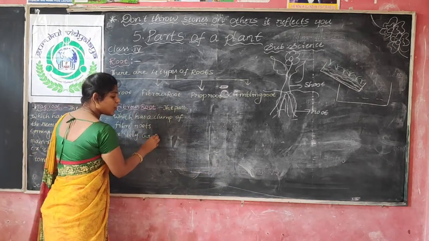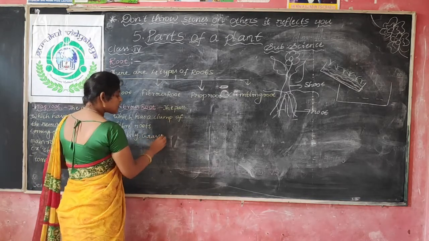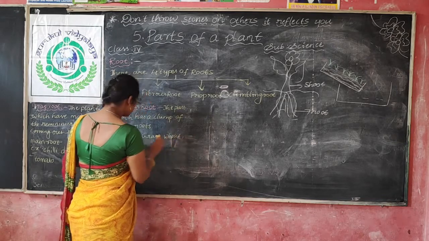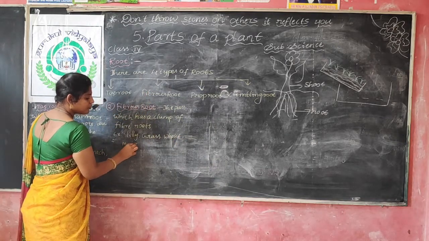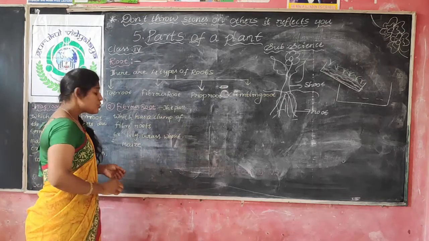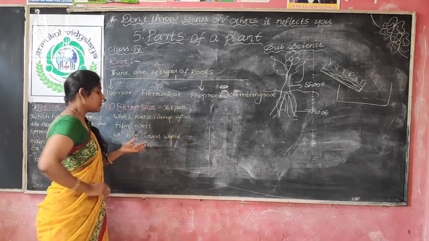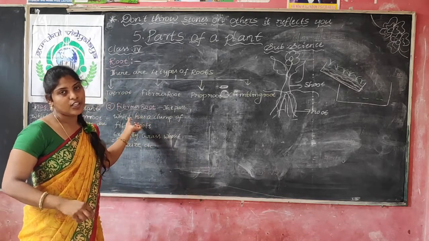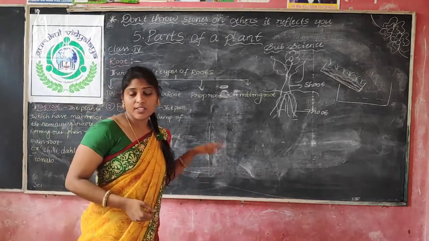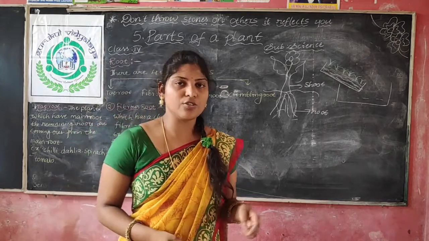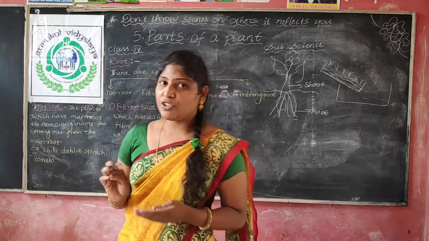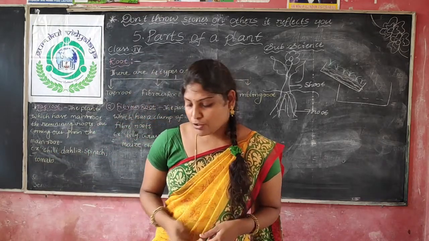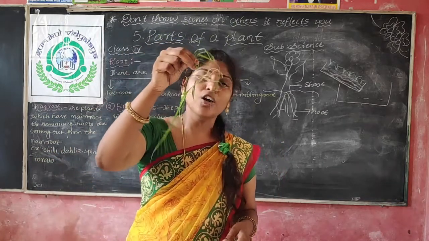Now I show grass, wheat, maize. Maize means jonnagottu. So these plants have which type of roots? Fibrous root. Many plants have fibrous roots. You have to find out what other plants have fibrous roots. Fibrous root means this type of roots.